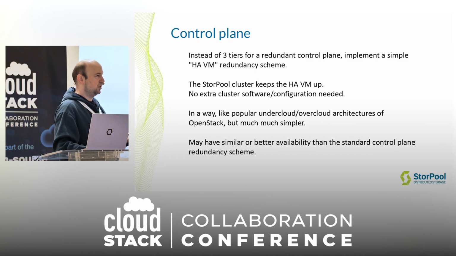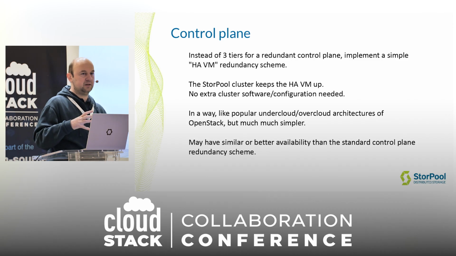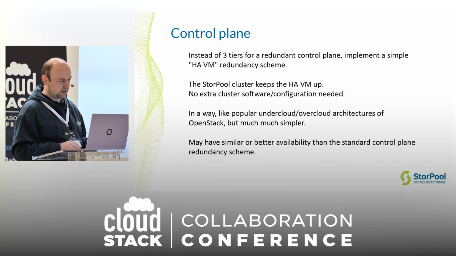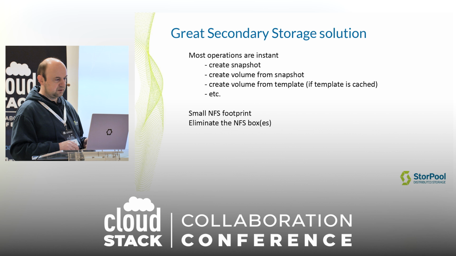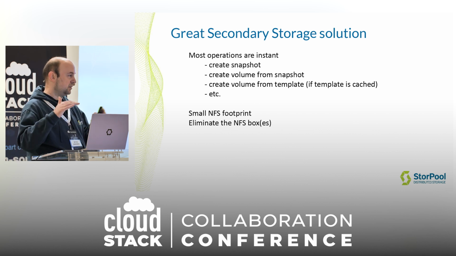Because of that, a simple solution like this might have better availability than the much more complex HA setup you would do with CloudStack, depending on a lot of factors that don't fit in a slide.